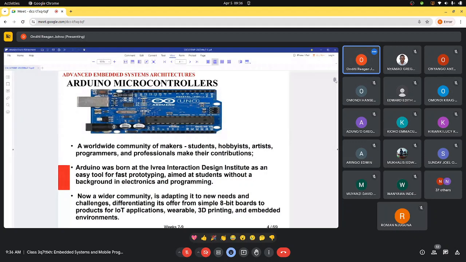So Arduino was born in one of the easy and basic institutes, Ivrea, and this institute gave out a very interesting design of an easy tool for prototyping aimed at students without a background in electronics and programming. So for you to run with this particular board, you basically don't need to have basic knowledge of electronics.